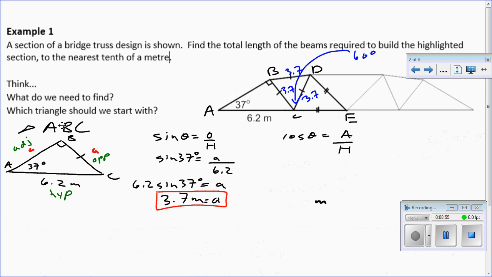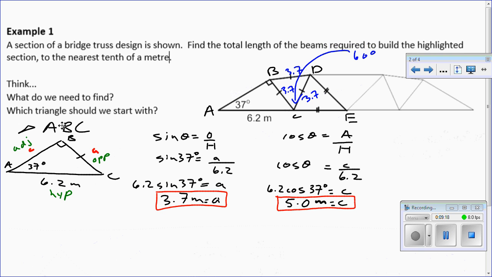Try to base your calculations on what you were given originally. So now we're using cosine of theta is C over 6.2. Substituting in, we end up with this, which means that we get C being 5.0 meters when we finish our calculation.